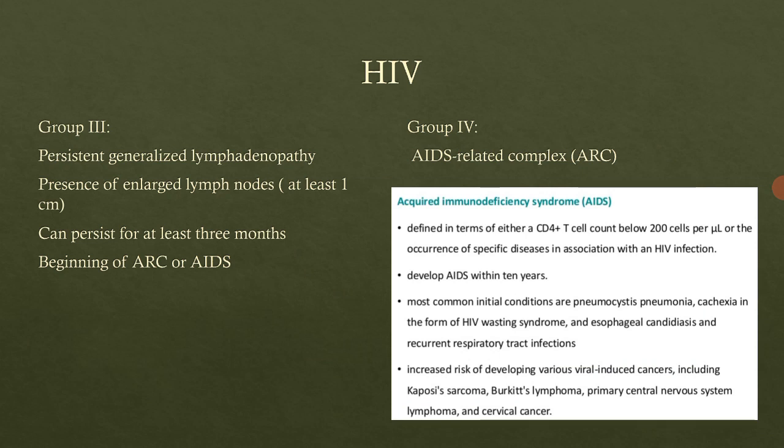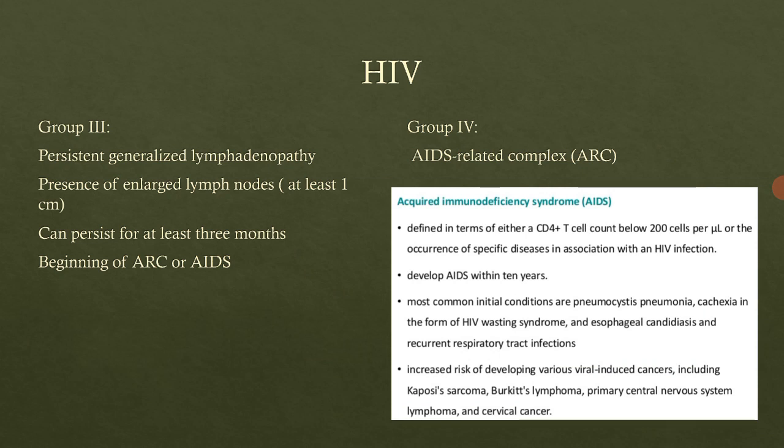This is for AIDS, the acquired immunodeficiency syndrome, or the ARC, the AIDS related complex. AIDS is developed from HIV. If the HIV infection increases, then it will develop into AIDS, which is more dangerous.